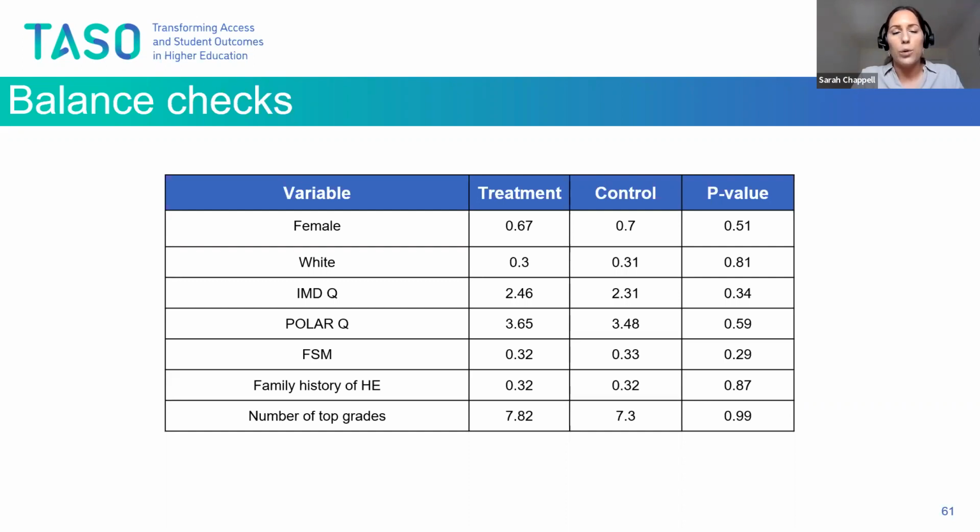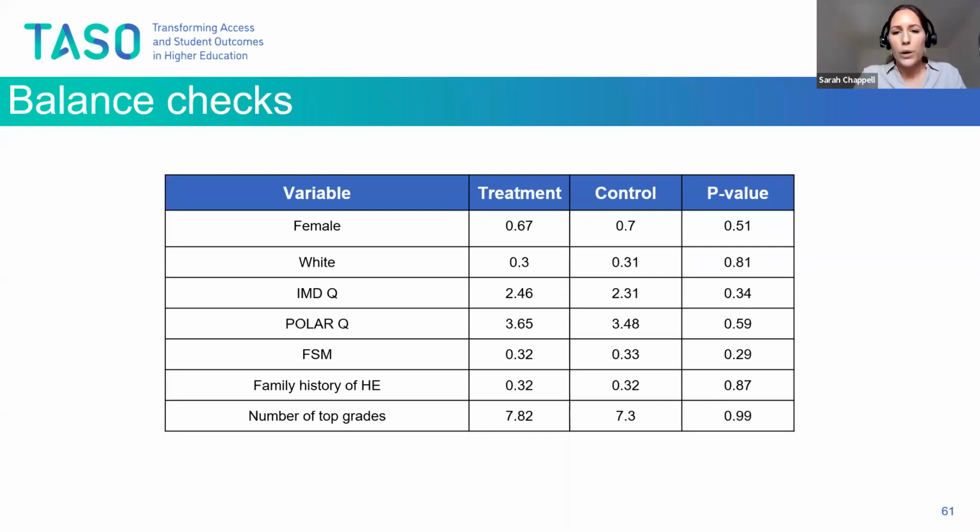This is an example coming straight from our summer school project, and it will tell you the mean, the average number, for each variable that you've got. In this example, a male student was coded as a 0 and a female student was coded as a 1. We can see that our average numbers here are reasonably similar. Slightly more females are applying than males, but it means in our treatment and control group, we've got roughly the same amount of females.